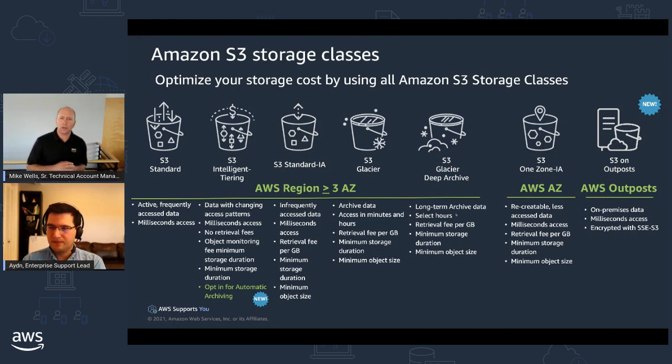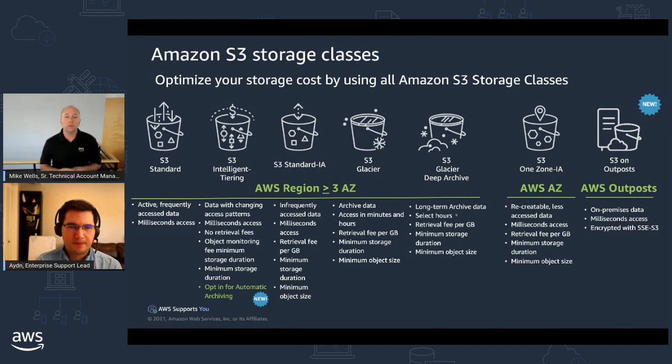You can also archive objects using the lifecycle policy from any S3 storage class into Amazon Glacier at a 60% lower storage cost, or to Glacier Deep Archive at the lowest storage cost available, saving you up to 95%. And just recently, we launched 2 new ways to optimize your cost and performance by adding 2 new archive tiers to intelligent tiering.